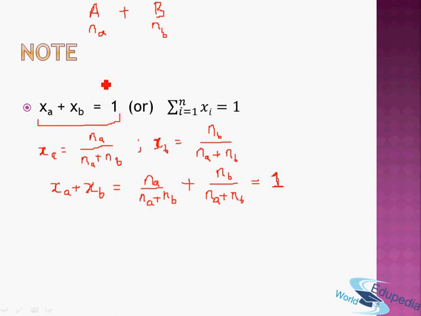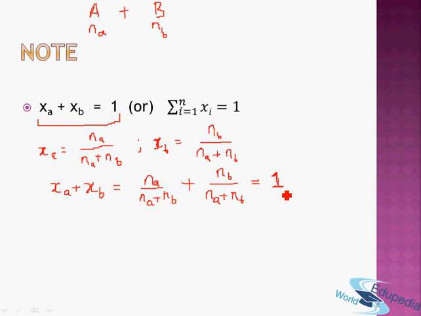Why? Because Xa constitutes that part of the solution occupied by A, and Xb constitutes that part of the solution occupied by B. So if I add them both, they are obviously going to be 1, because I have added all the constituents of my solution.